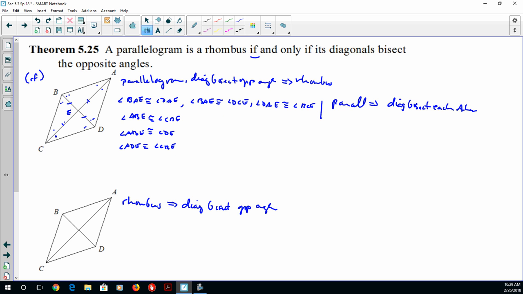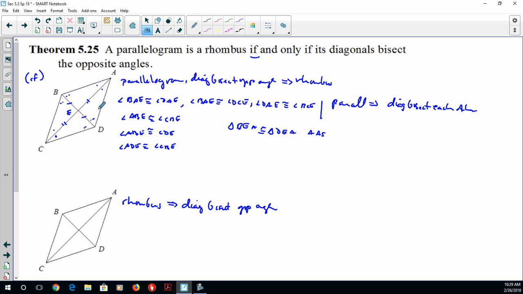So we get that triangle BEA is congruent to triangle DE. And this is actually angle, angle, side. Okay, I didn't have to show all of these things here.